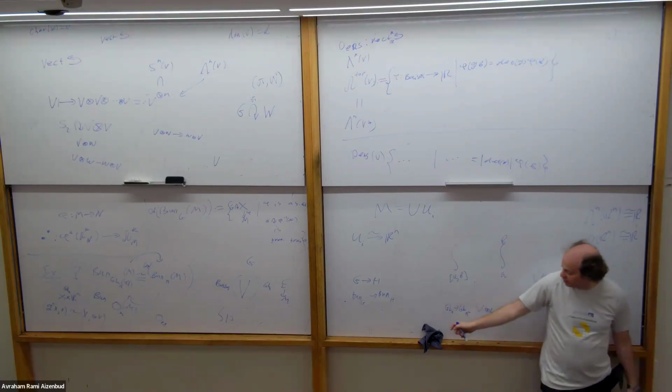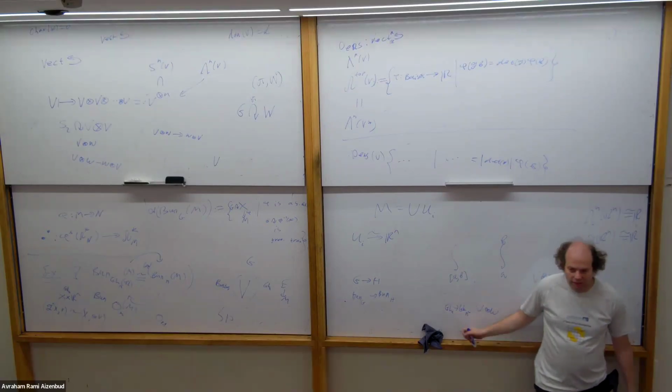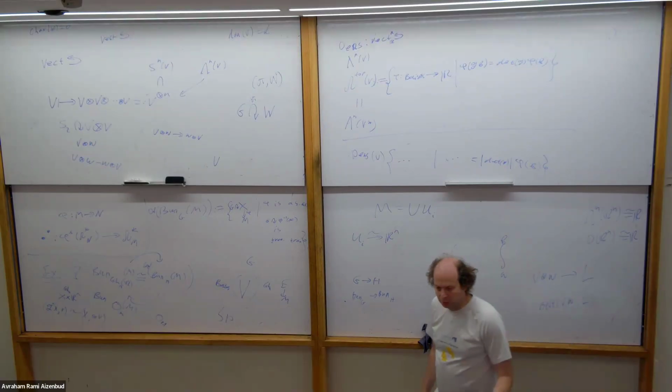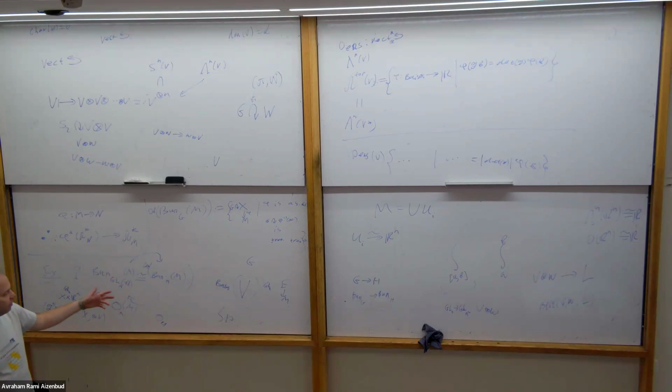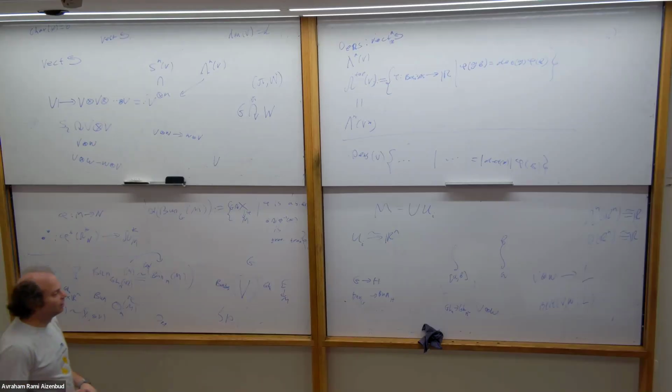So, for example, you could take the determinant, which is a map from GLN to GL1, and this gives you a functor from vector spaces to one-dimensional spaces, or from vector bundles to one-dimensional bundles.